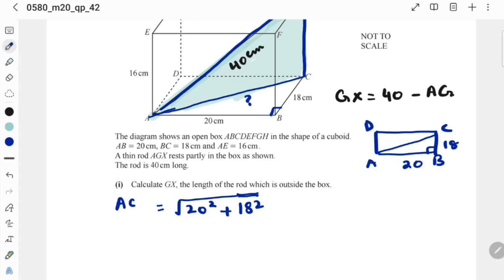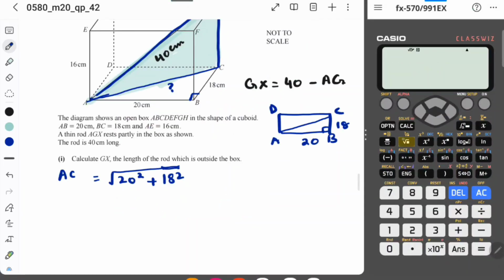Take your calculator and find your answer. It equals 2 square root 181. Write it down as it is, because you are going to use this to find the value of AG.